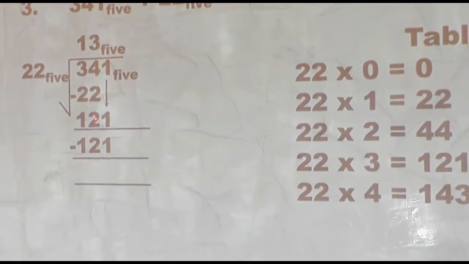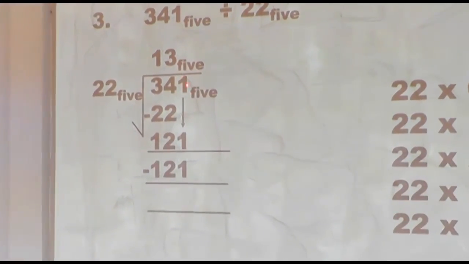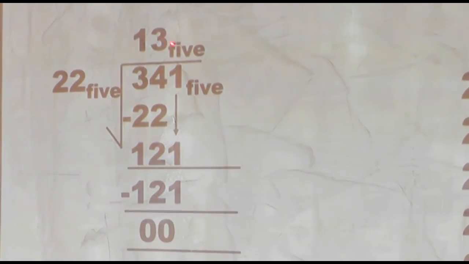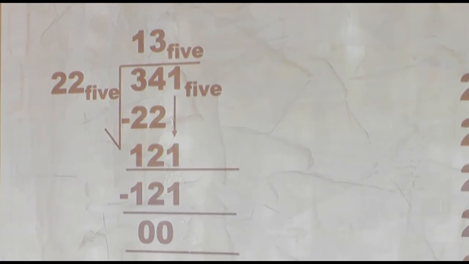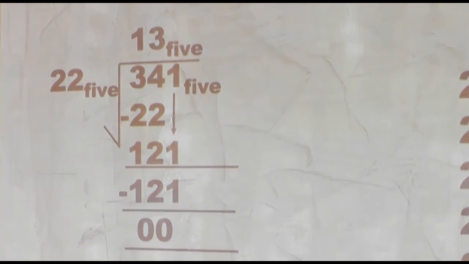So 121 divided by 22 will give us 3, the second digit we have here. So from there, we are going to have 3 times 22, we give 121, and we will subtract. Already we have it completely divided. So we have 1 minus 1 will give 0, 2 minus 2, 0, and 1 minus 1, 0.